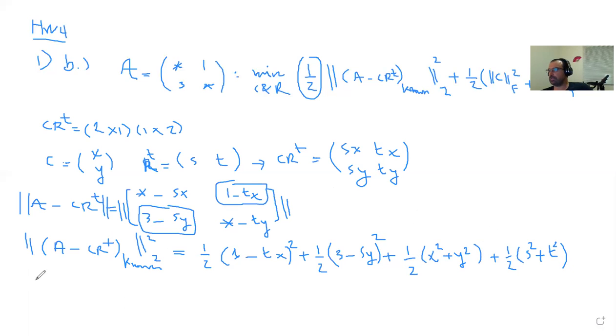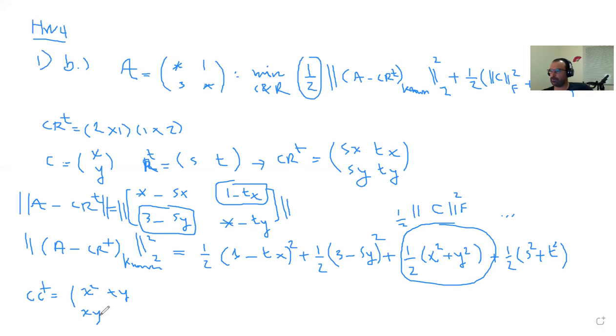Now, why is that happening? Because of CC^T and C^TC. We have CC^T equal to x squared, xy, xy, y squared, and also C^TC, which is more important because it's just a 1 by 1, a scalar, x squared plus y squared.